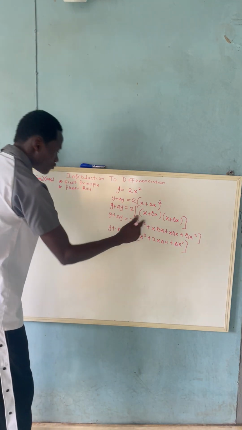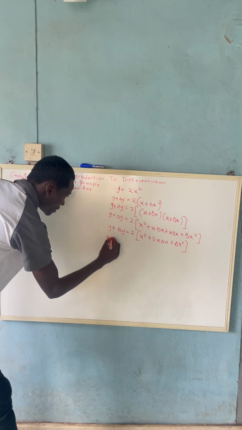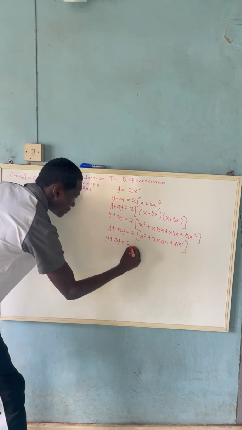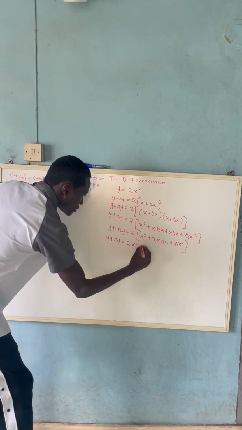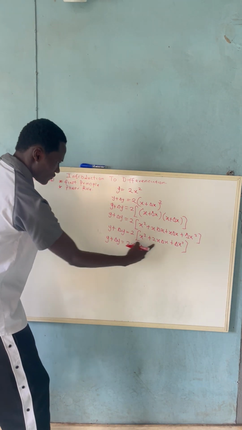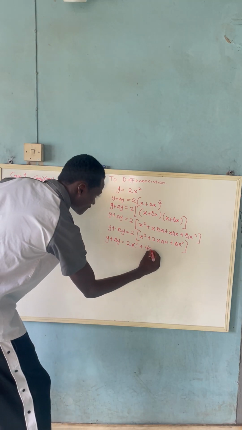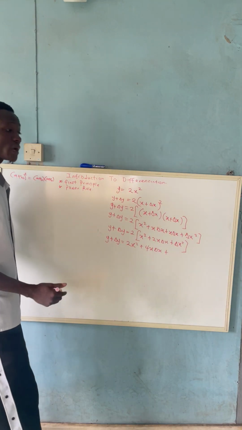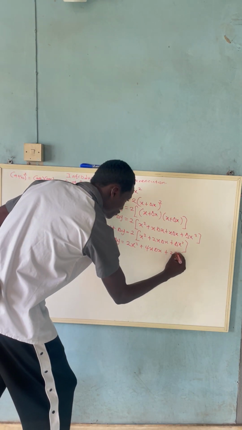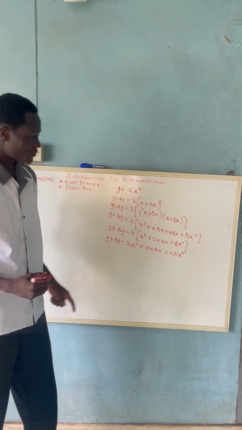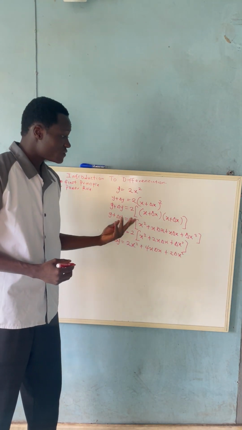So if we multiply all through by 2, we are going to have y plus change in y is equal to 2 times x squared, that's 2x squared. Then plus 2 times 2x change in x, 2 times 2, that is going to give us 4x change in x, plus 2 times change in x squared, that's going to give us 2 change in x squared. But don't forget what I said earlier, that this change in x squared, I mean change in x all squared.